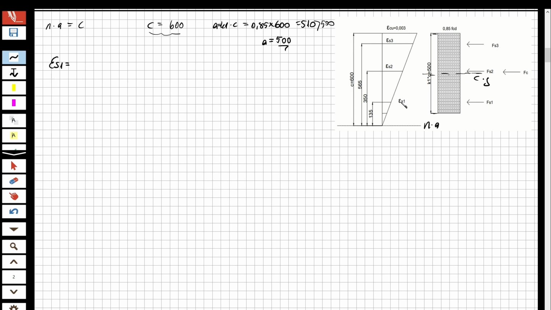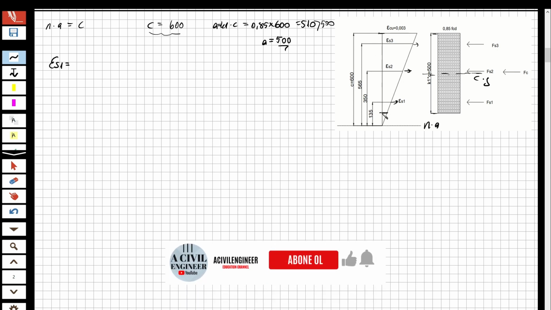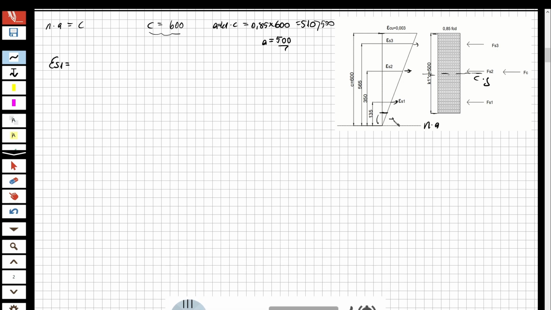So now look at here. I told you that we are going to take the distance from the neutral axis to the steel, okay? From the neutral axis to the steel. So let's look at here. This is 600, this is 500. Until that point is 500. From here to this point, it's going to be 500, and this one is 100, if you remember. So let's check it.